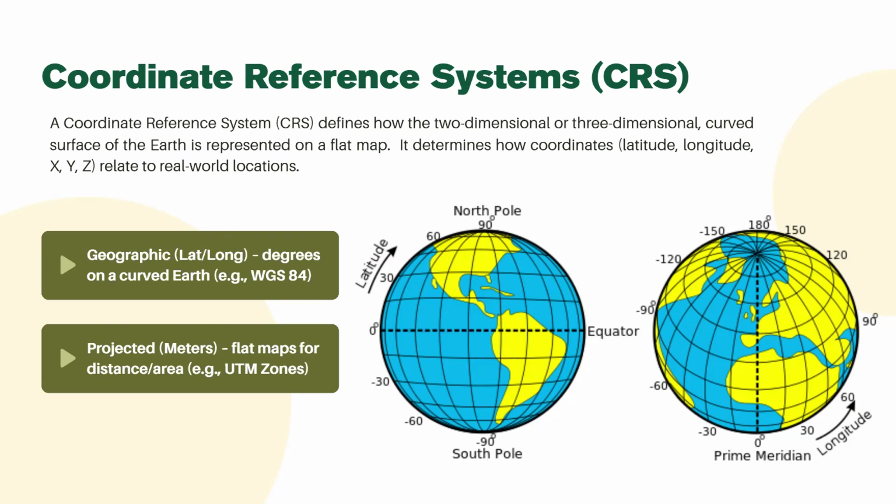So what do you think happens if two layers in QGIS have different CRSs? Simply, they won't align correctly. One may appear shifted or distorted. This is a common basic error I made during my beginning time.